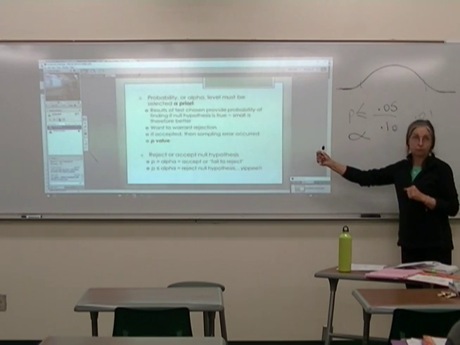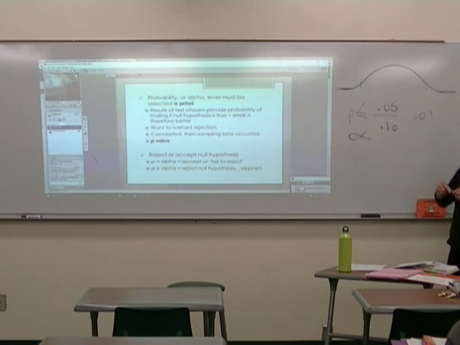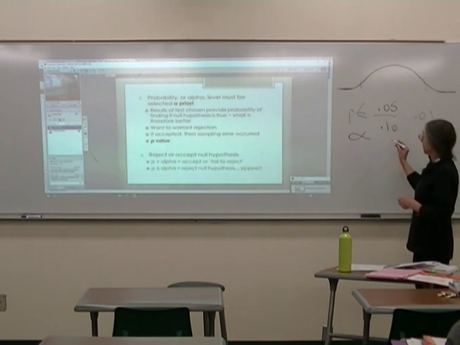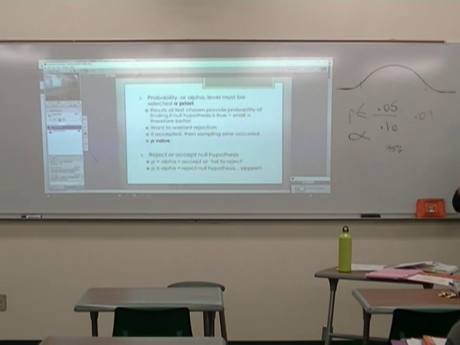Okay. So when you see P at 0.05, alpha was set at 5%, that means that there's a 95% probability that the difference, the significance I found was real and not accidental, not by chance.